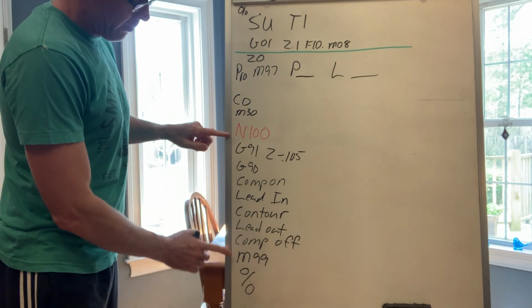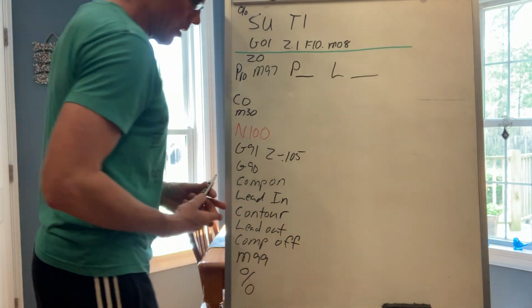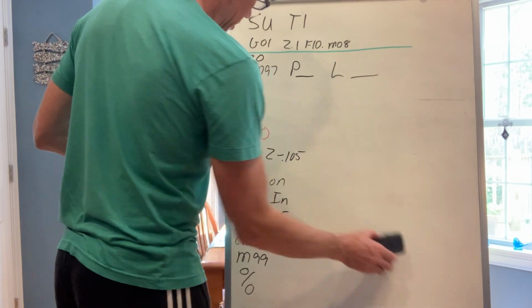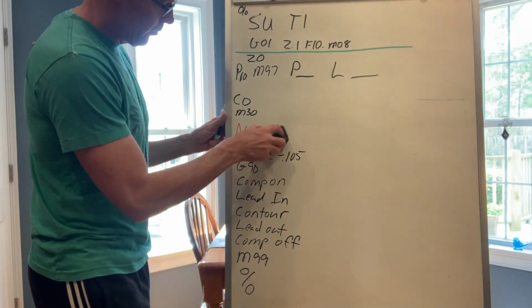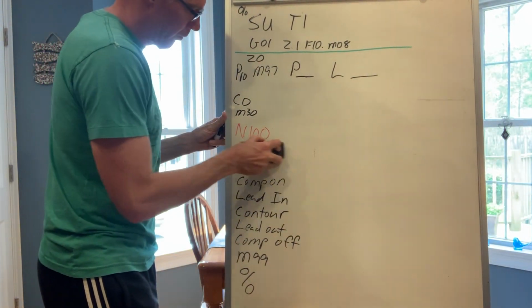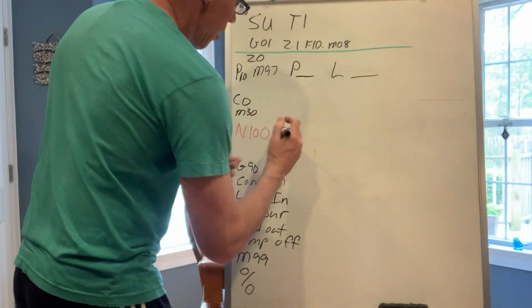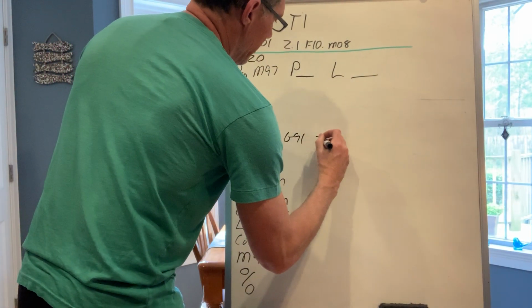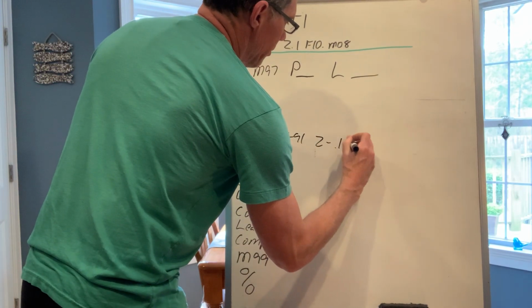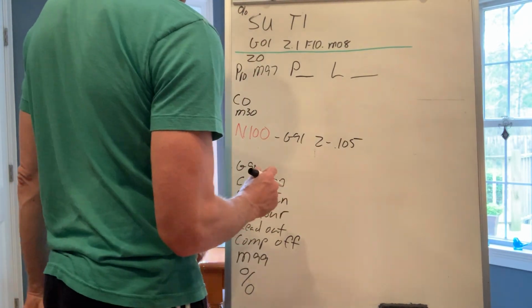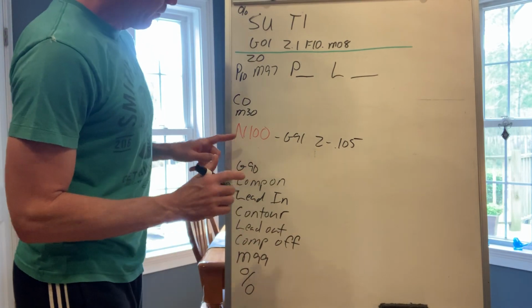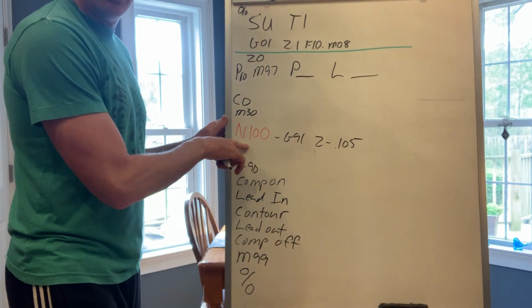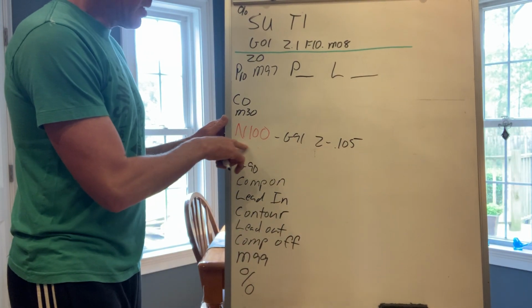But now you have your contour down here. And actually, instead of this being below this N100 line, that should be written on the N100 line. G91, Z negative 0.105. Because that's the first line of your sub right here.